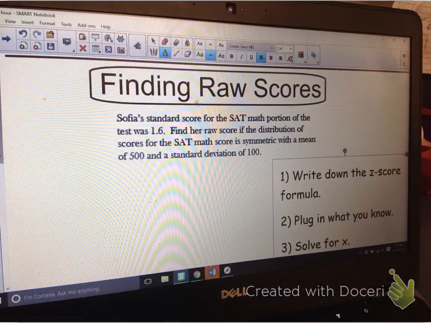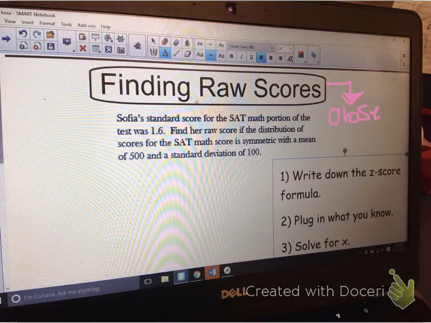The last heading I have for you is finding raw scores. Sophia's standard score for the SAT math portion of the test was 1.6. Find her raw score if the distribution of scores for SAT math scores is symmetric with a mean of 500 and a standard deviation of 100. Remember, raw scores, or not remember, but let me tell you that raw scores is just finding the observation.